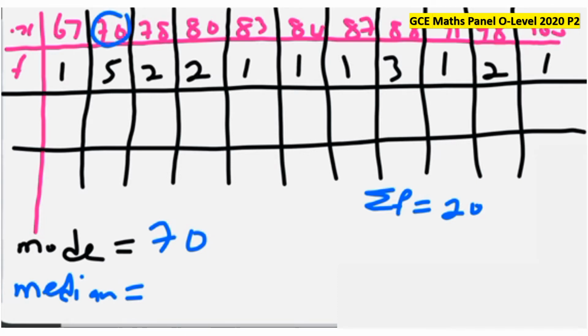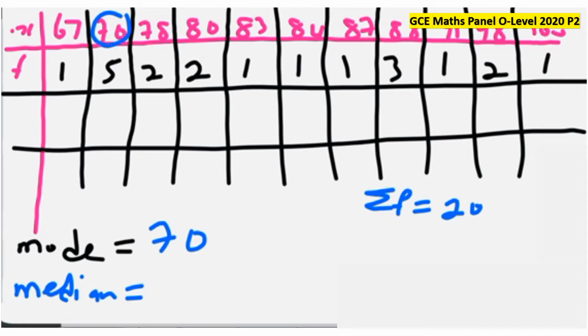The median occurs between the 10th number and the 11th number, but there is no number at that position. So we take the number at the 10th position and the number at the 11th position and get their average.